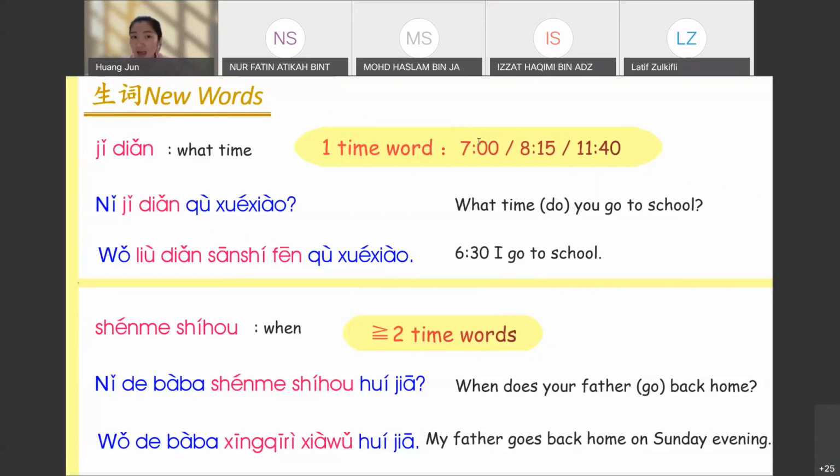Okay, very clear. So then, do you already understand the difference? Yes or no? If you already understand, please type E over there to respond to me. How to distinguish between 几点 and 什么时候?